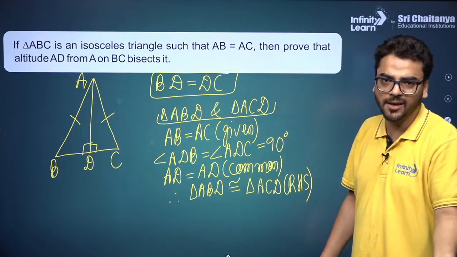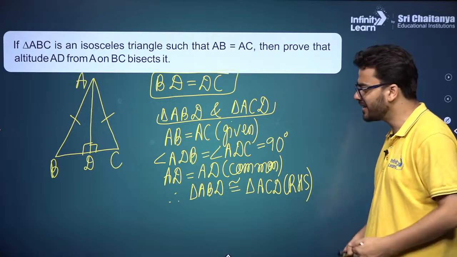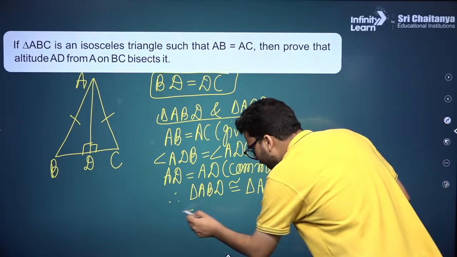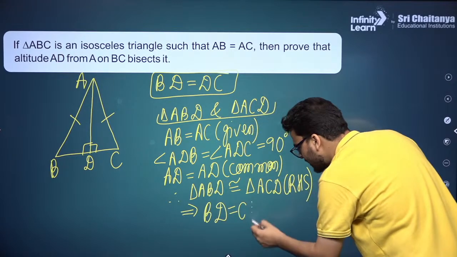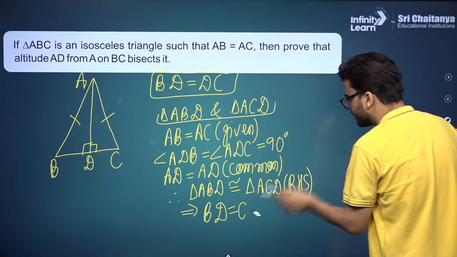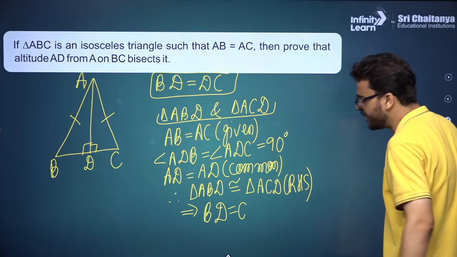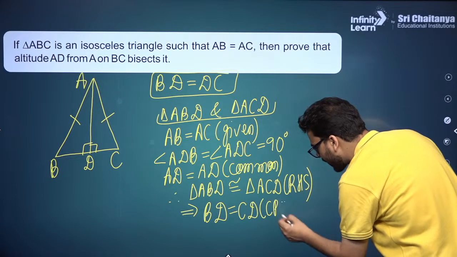So the triangles are congruent by RHS. Therefore BD is equal to CD by CPCT, because they are corresponding parts of congruent triangles.